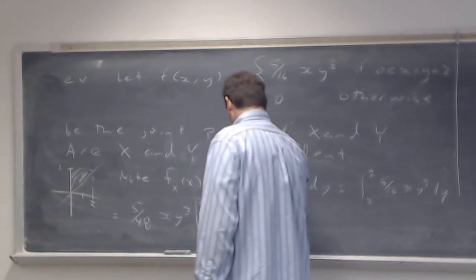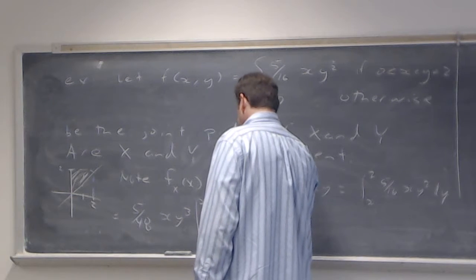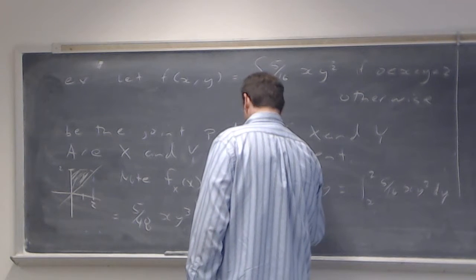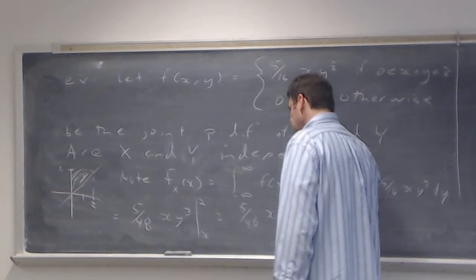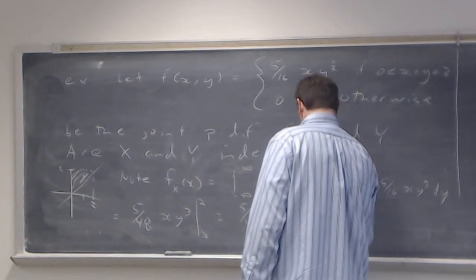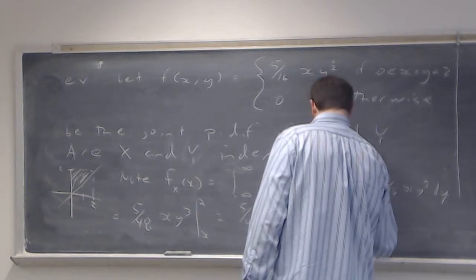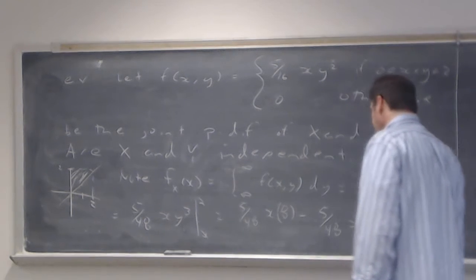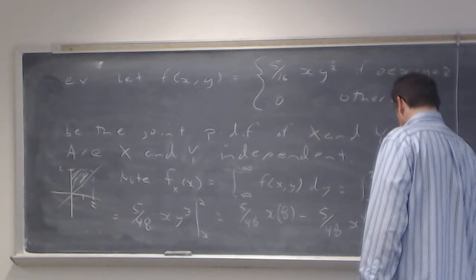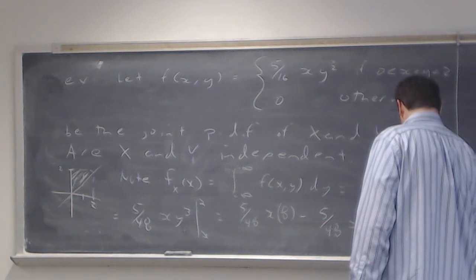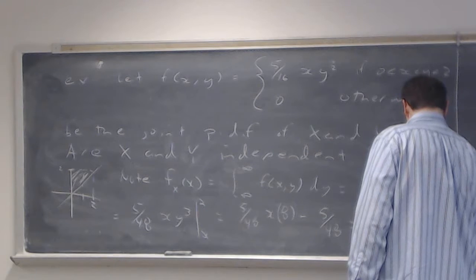When I do, I get 5/48 x times 8 minus, when I stick in x, 5 over 48 x to the 4th. And that can be simplified, 8 goes into 48 6 times. So 5/6 x minus 5 over 48 x to the 4th.